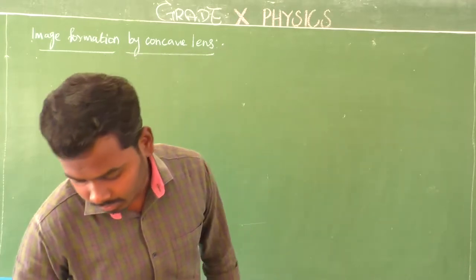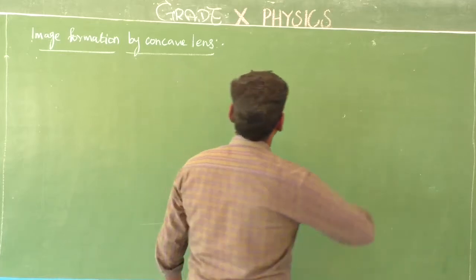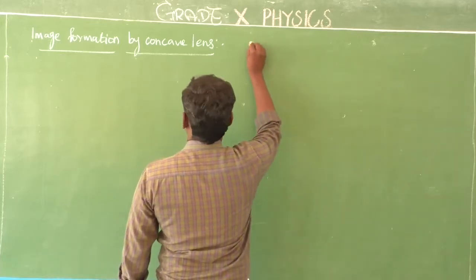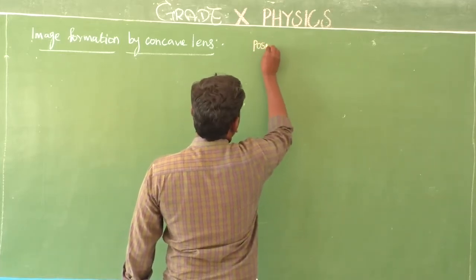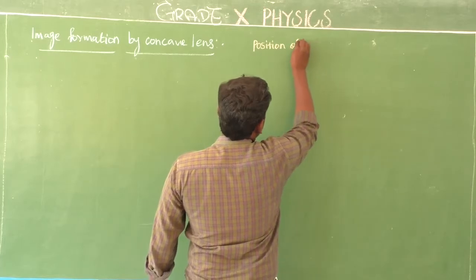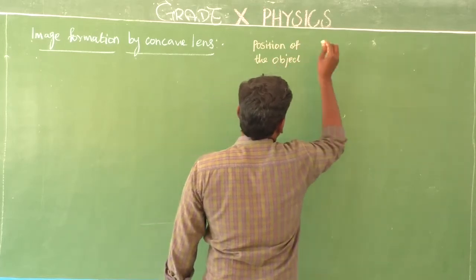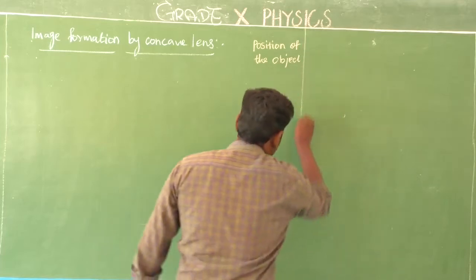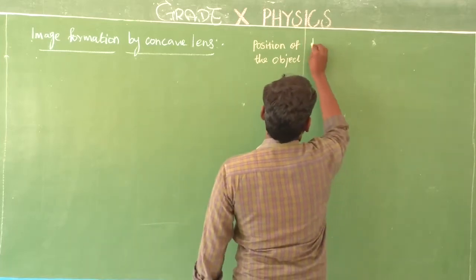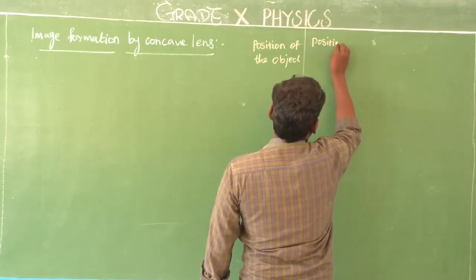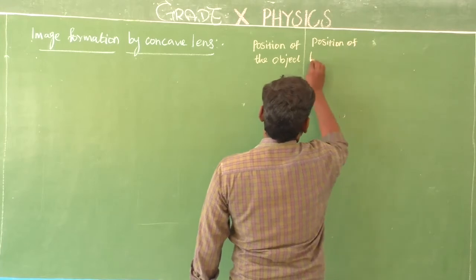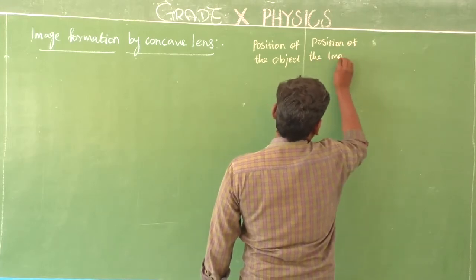You look at here. Yes. First one, what is that? That is position of the object, and second one, position of the image. What is that?